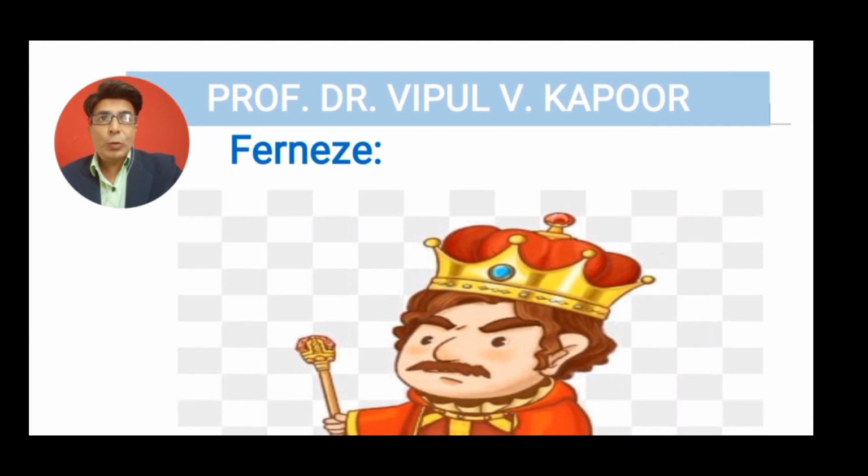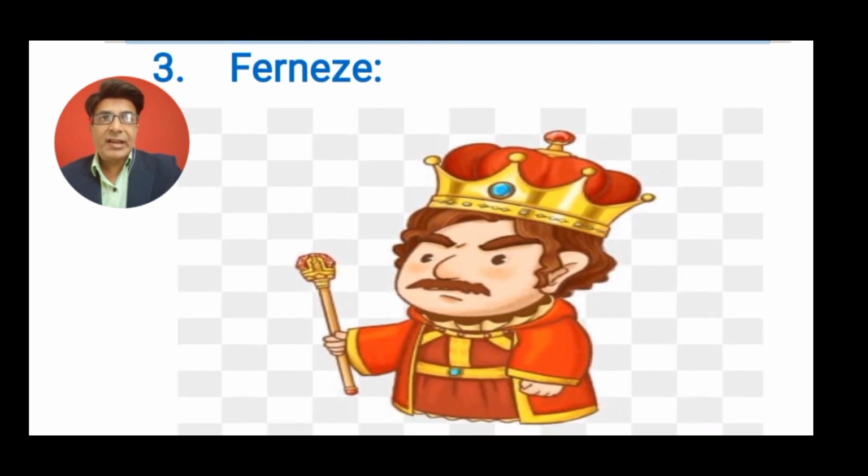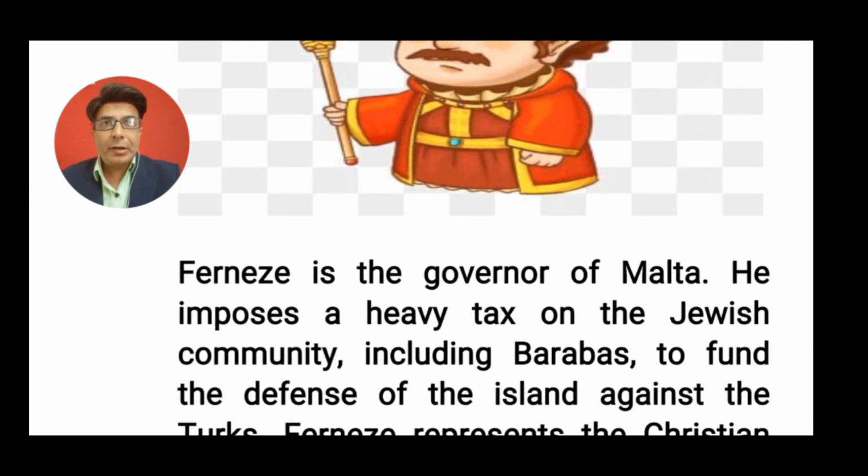The third character who is very important in this tragedy is Farnese. Farnese is the governor of Malta, or you can say the king of Malta. Now, what is Malta? Malta is a small country, a place, and Farnese is the governor of Malta. He imposes heavy tax on the Jewish community.